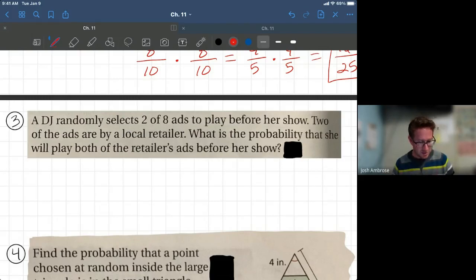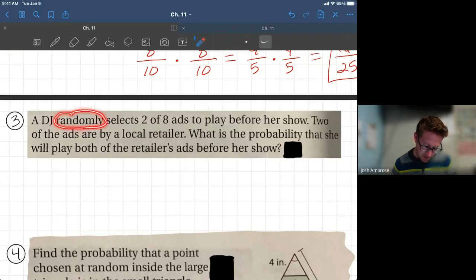So this goes back to thinking, is this a combination or is this a permutation? Quick review. Permutation is when order matters. Order is important. Combination is when order doesn't matter. What is a key word that I see here?